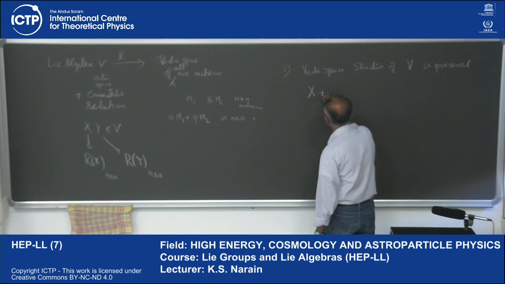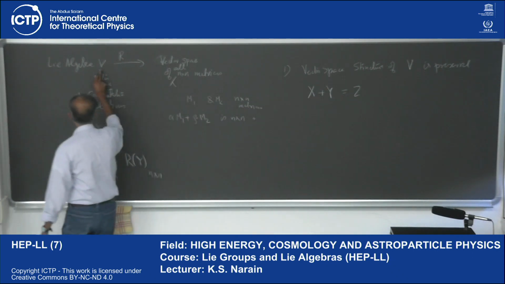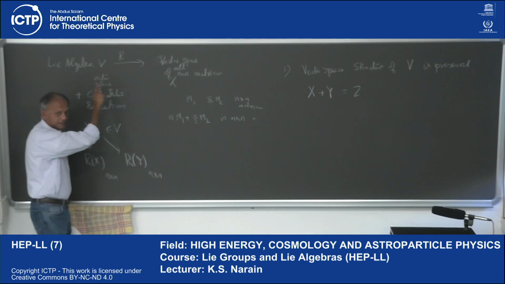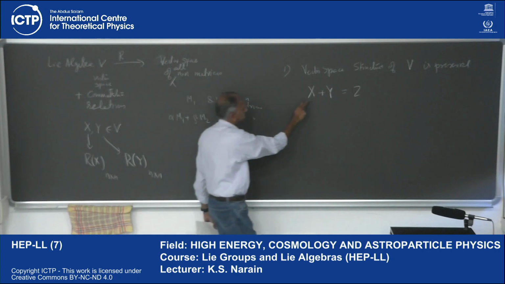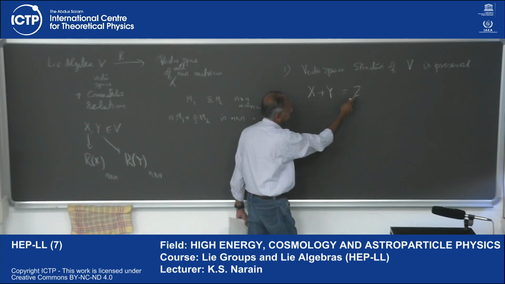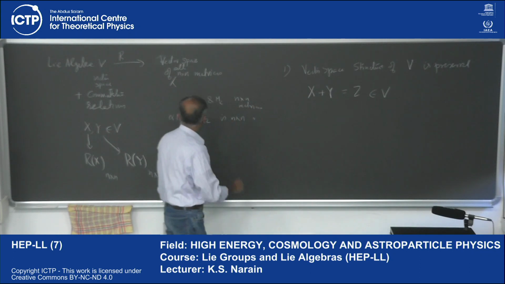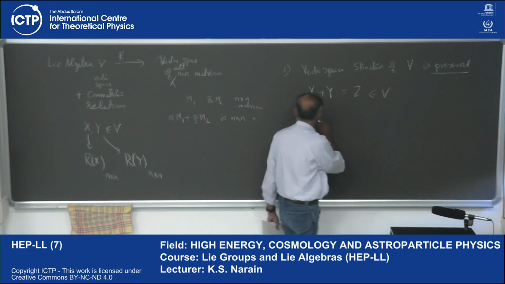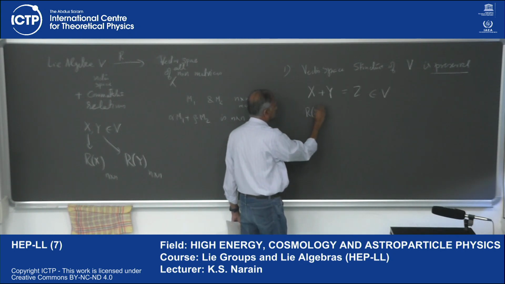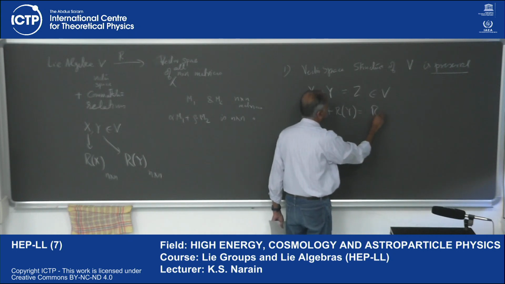If x plus y is z, in the, as I said, there's a vector space structure, so there's a concept of addition in the Lie algebra. So I just take some x and y. x plus y will be again some element of V. Right? So then, that this is preserved means what? It means that R of x plus R of y must be equal to R of z.